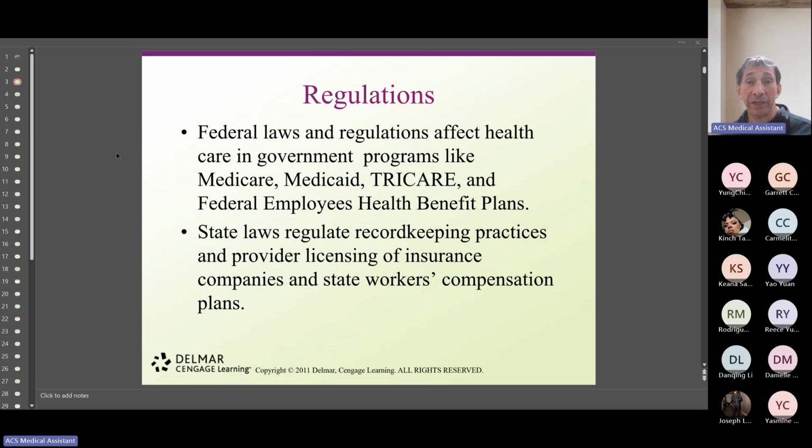Because there are many ways to try to utilize these codes to get a better rate or to get reimbursed more or higher than was expected. So that's basically what it is.